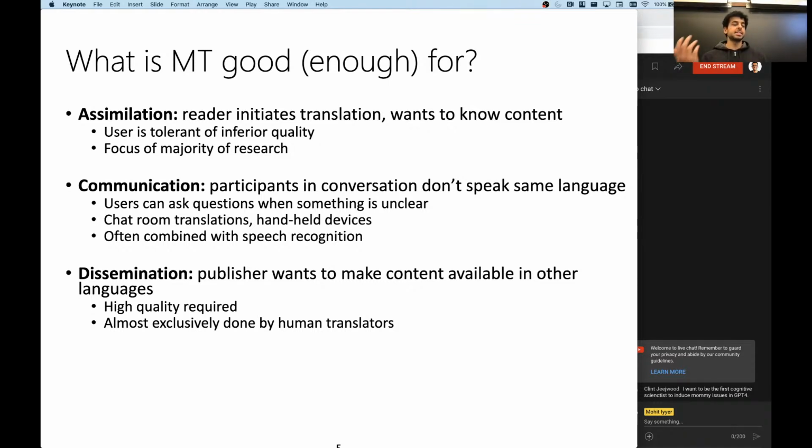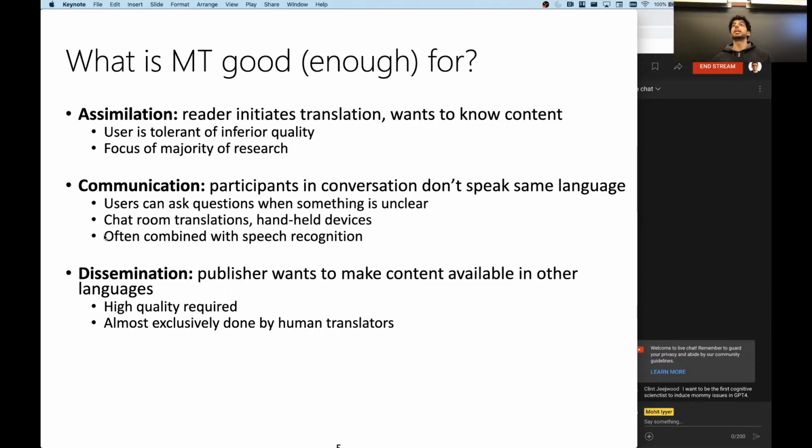In this case, it doesn't really matter if the translation has some minor errors, because they're more focused on learning what the content is. They're not trying to derive some enjoyment out of reading the translation. So this use case of assimilation is still the focus of the majority of research, although this has been shifting as these models grow in their translation capabilities.